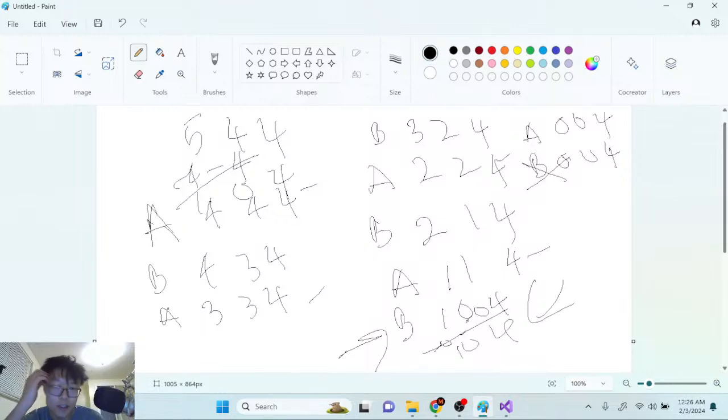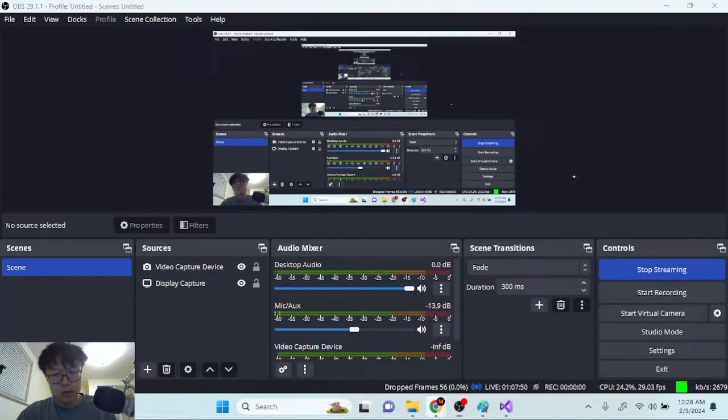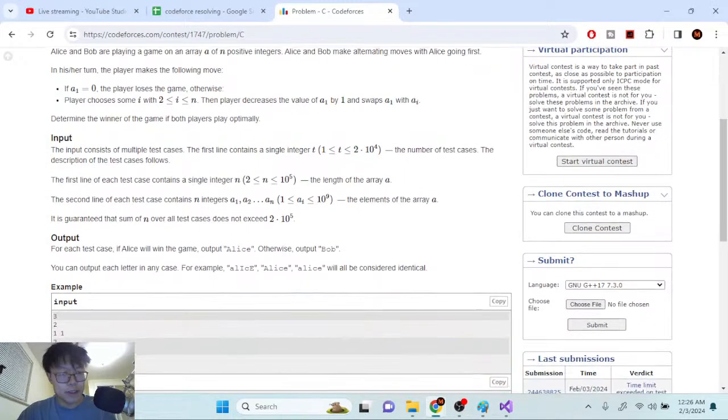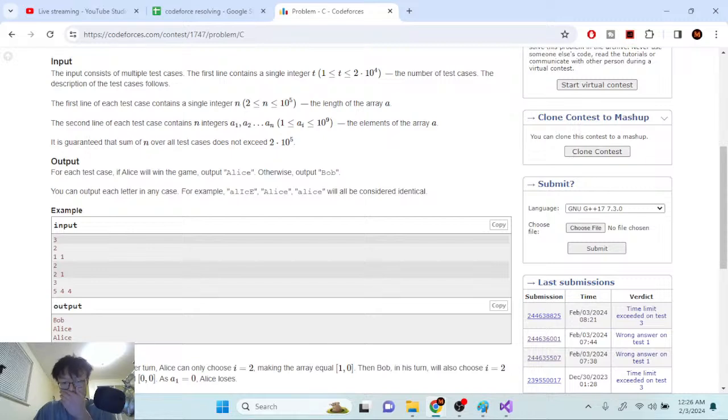So on Alice's turn, we skip all this computation. We find the smallest number, 4, subtract it, 1, 0, 4. Now it's Bob's turn. Bob's turn is 1. Bob loses. Bob just automatically loses, so Alice wins. I think that makes sense. Logically, that makes sense. So we could try that.